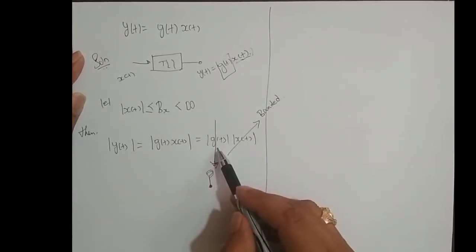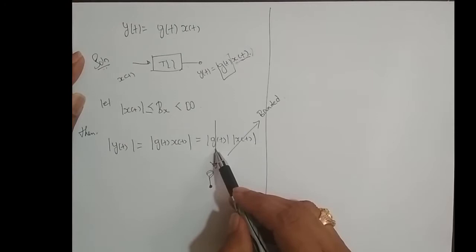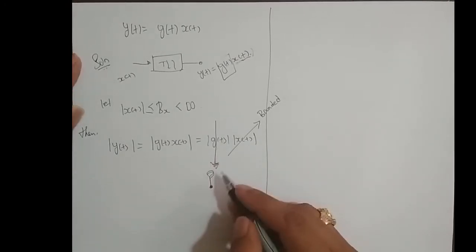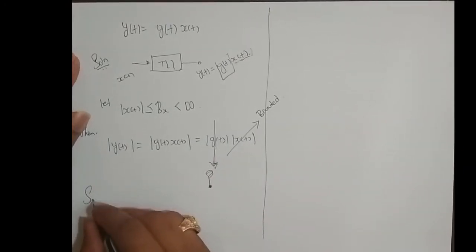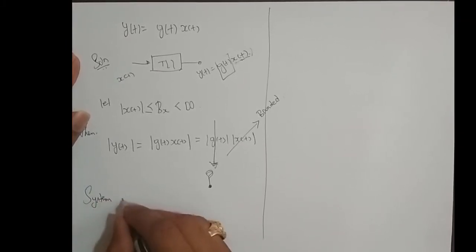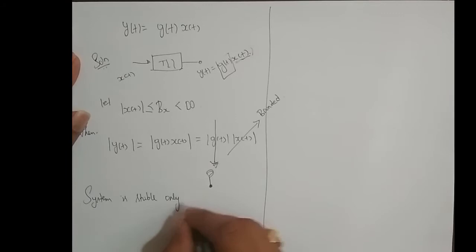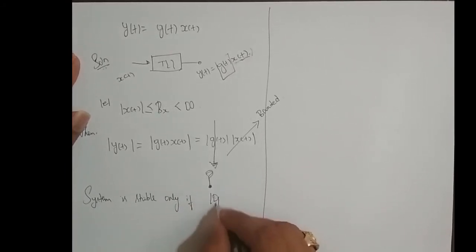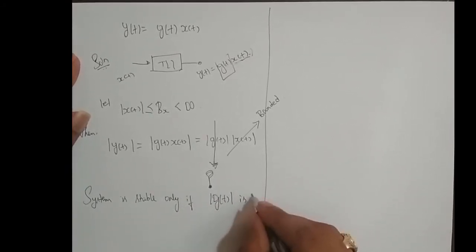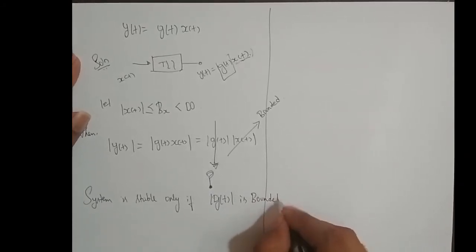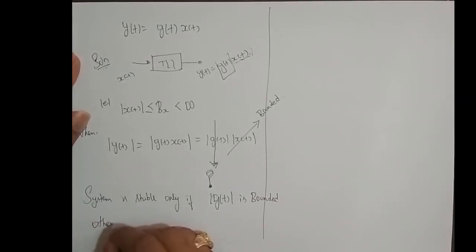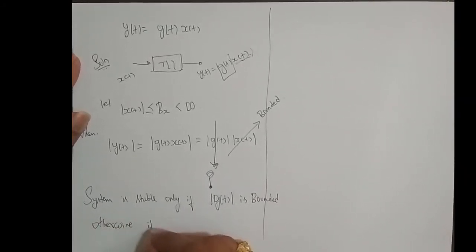If the magnitude of the signal g of t is bounded, then the system is stable. Otherwise, the system is unstable. So system is stable only if magnitude of g of t is bounded. Otherwise it is unstable.